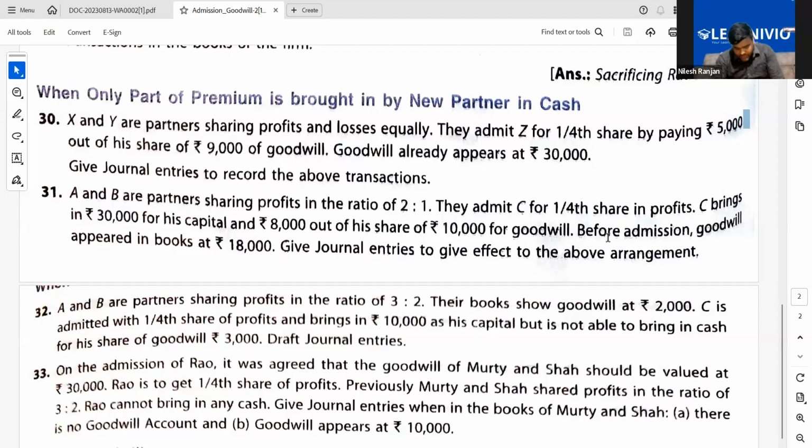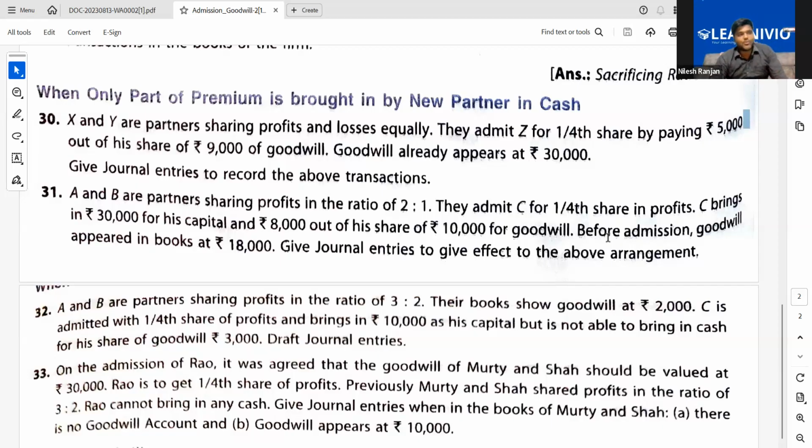Madhya is still incomplete. Sir, I'm confused. Which part do you have confusion in? The entry for bringing capital.